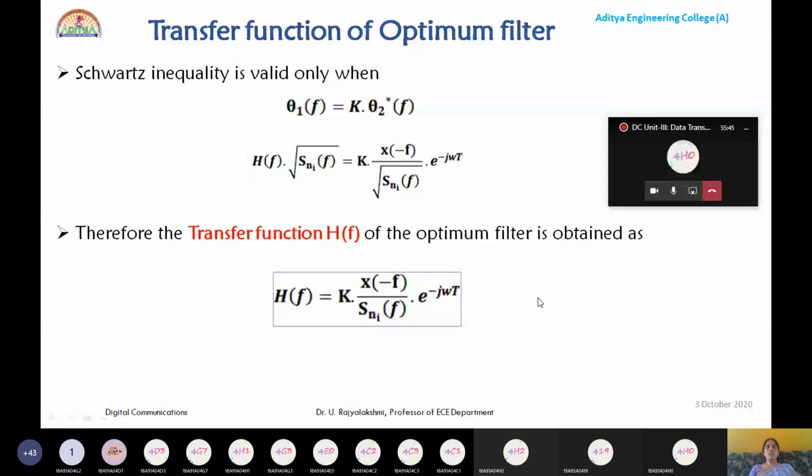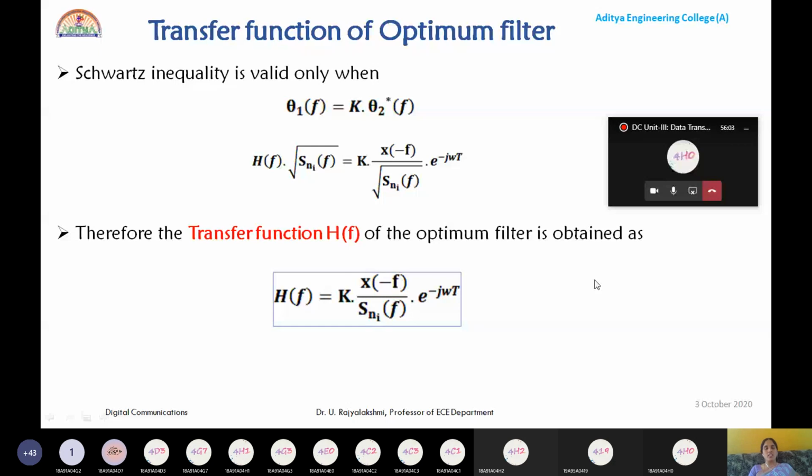So what is the transfer function of the optimum filter? K is a constant, which for a particular application is given by the designer: k into x of minus f divided by SNI of f into e power minus j omega t.